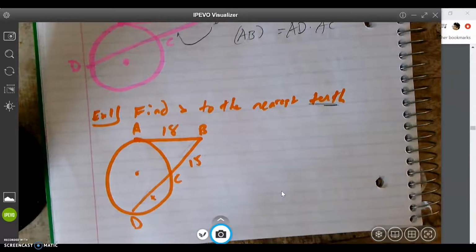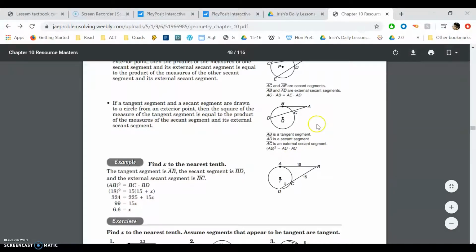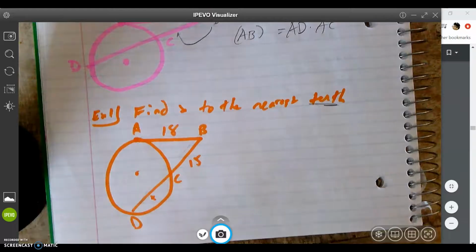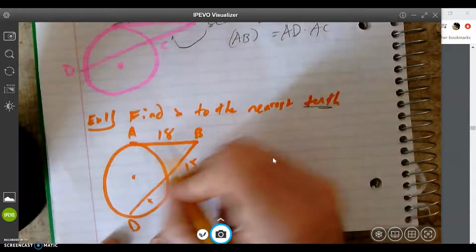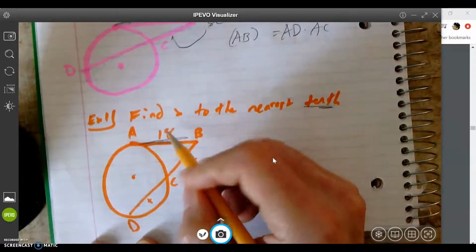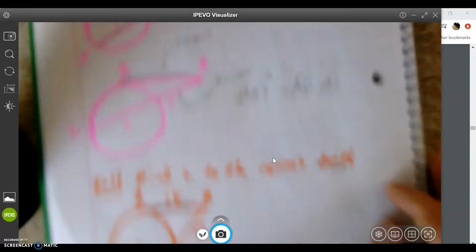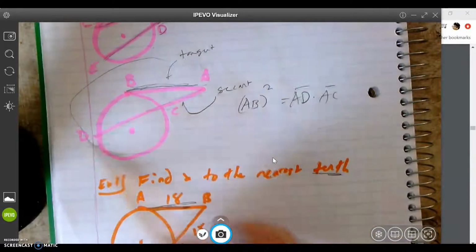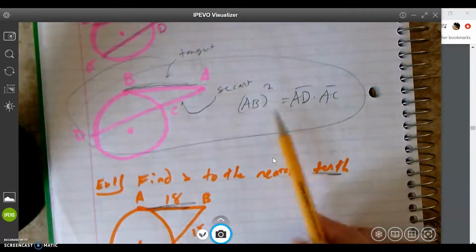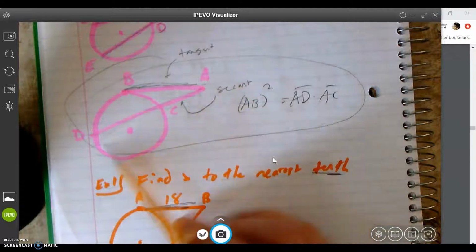Okay, so this is what we're going to do. Nearest tenth. So this is a tangent line right here, and this right here is also tangent. So I'm going to use this part. This is where it's talking about this second part, because you have a tangent line and a secant.